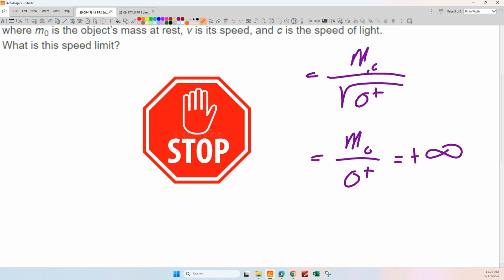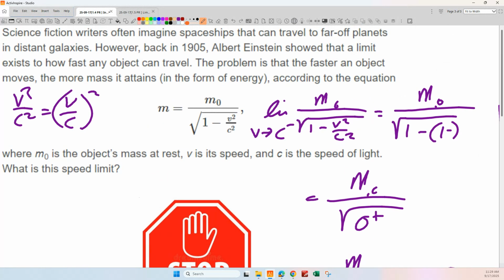So there's the problem. In order for an object to approach the speed of light, it would require an infinite amount of mass. And that would mean it takes an infinite amount of energy to accelerate that, and that's not available, right?